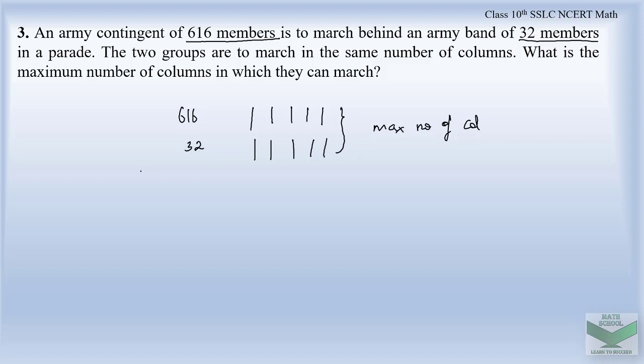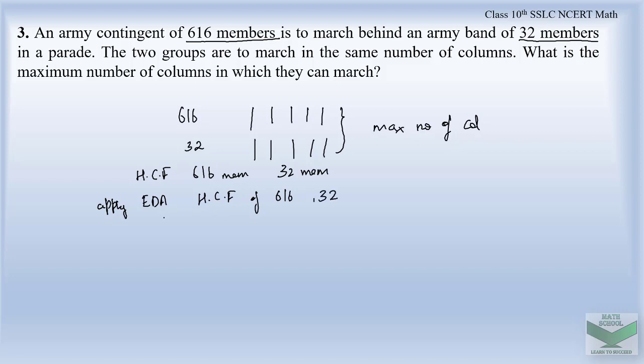Okay, to determine that, we have to find the highest common factor or the HCF of the two groups, the 616 member group and the 32 member group. Therefore, we have to apply Euclid's division algorithm to find the HCF of 616 and 32.